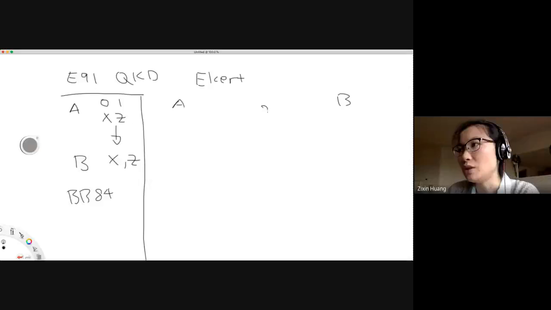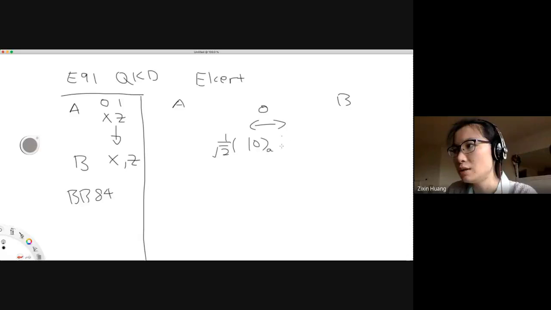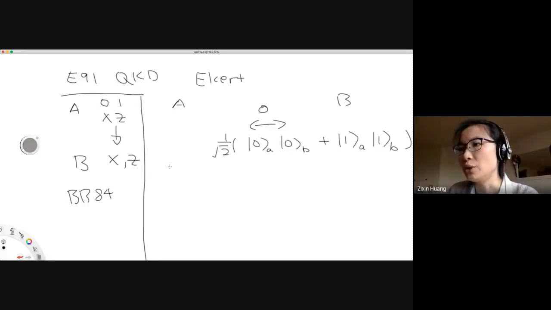There is a source in the middle which is spewing out entangled states of this form: |0>_Alice|0>_Bob plus |1>_Alice|1>_Bob. Here, Alice just chooses to measure in the X or in the Z. And then Bob will randomly choose to, once again, measure in the X or the Z.